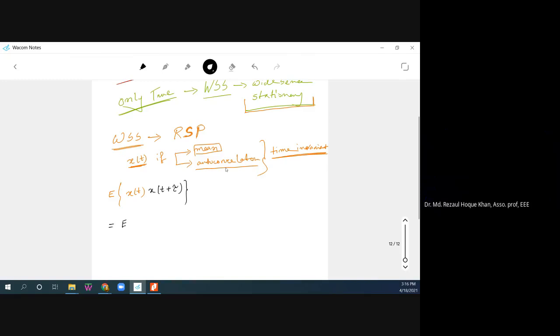We know X is the sum over k equal to minus infinity to plus infinity of a_k p(t minus kT), multiplied by another signal, let's say the sum over m equal to minus infinity to plus infinity of a_m p(t minus mT).